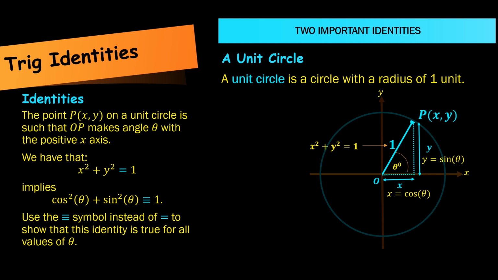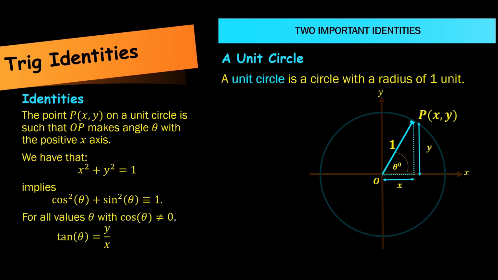Now, for all values of theta with cos theta not equal to 0, we have that tan theta is equal to y over x. Here's theta, here's y, and here's x.